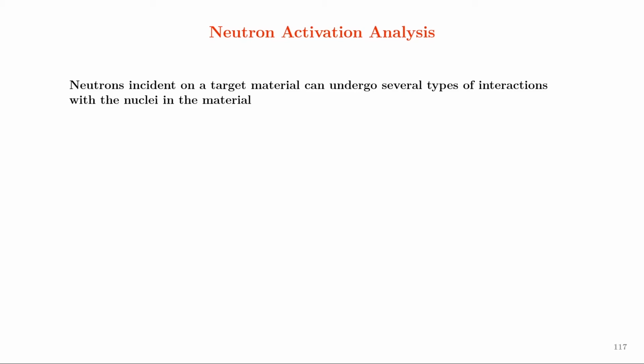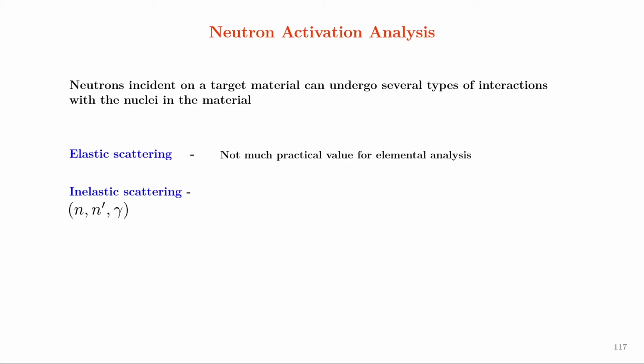Principle of the technique. Neutrons incident on a target material can undergo several types of interactions with the nuclei in the material. Elastic scattering is one such process. However, it is of not much practical value for elemental analysis.